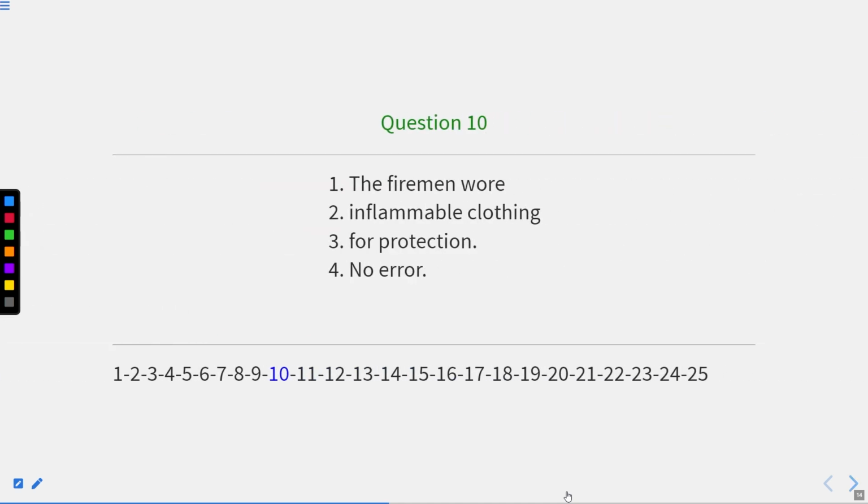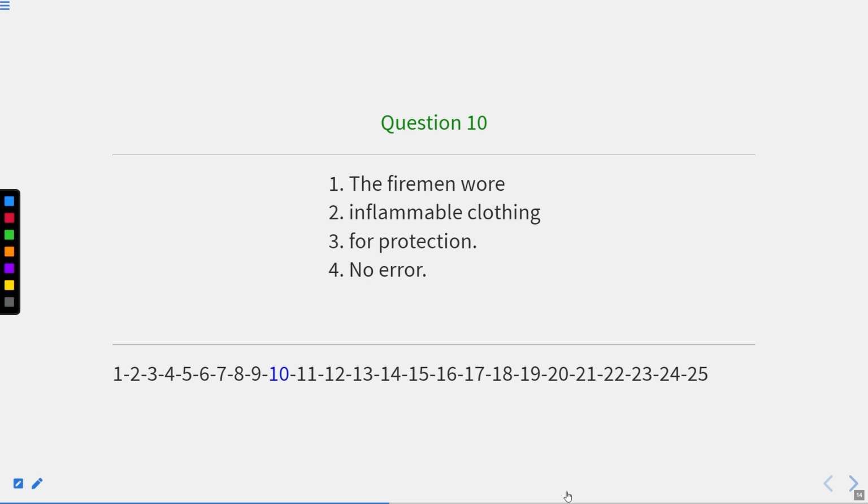The fireman wore inflammable clothing for protection. Inflammable means which cannot be extinguished, or from which the fire cannot be removed, or it should not be saved.